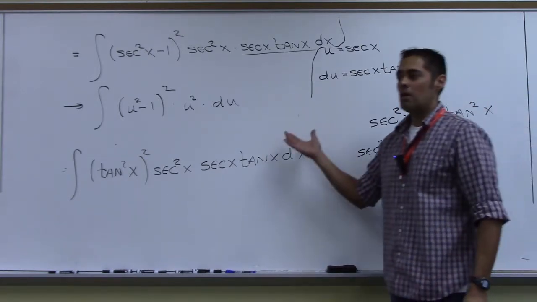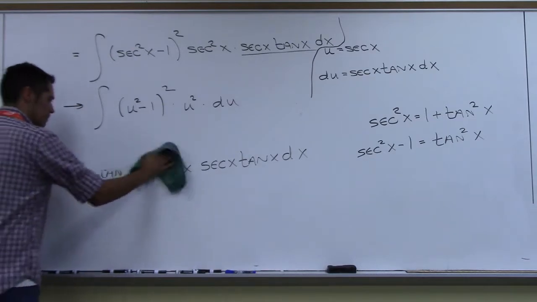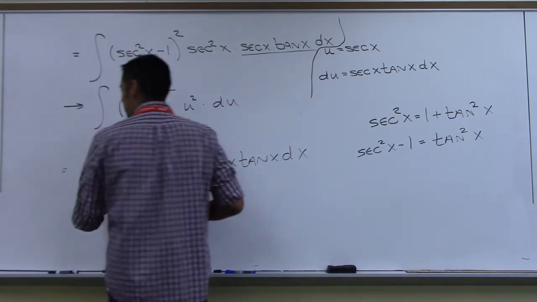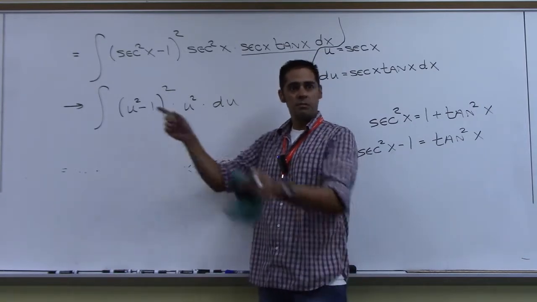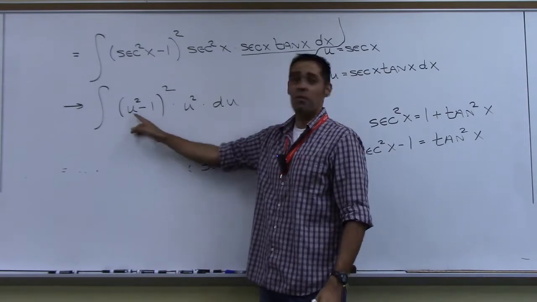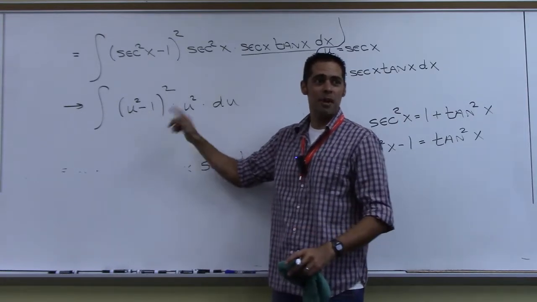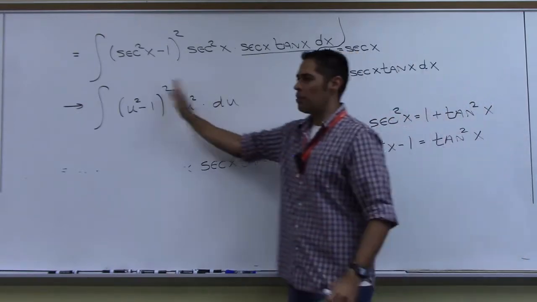And now this is where I'll stop. So I'll say equals dot, dot, dot, meaning you could do it the rest of the way. You would expand that out first. FOIL, right? This is not u to the fourth minus 1. It's not u to the fourth plus 1. This is u to the fourth minus 2u squared plus 1. Then distribute the u squared through.